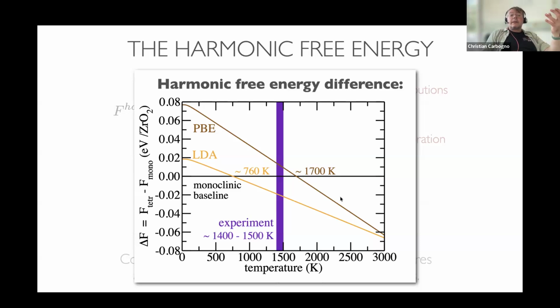So what you learn from this is that phonons can also depend quite a lot on your functional. So you have to be careful in choosing your functional so that it really gives a realistic physical description of your system. But then you can actually describe phase transformations, I would say, quite well.